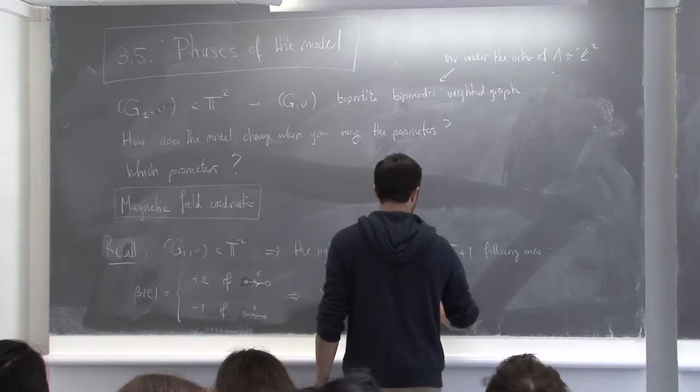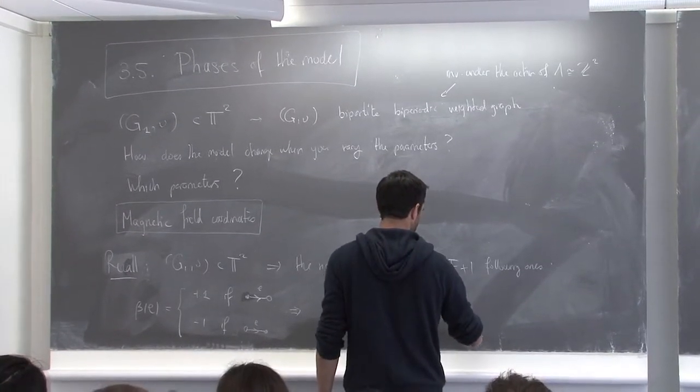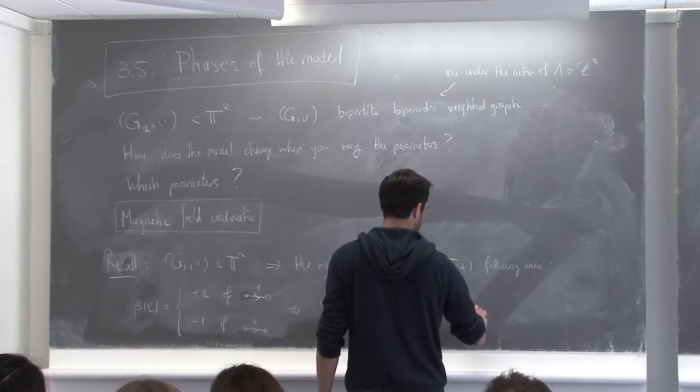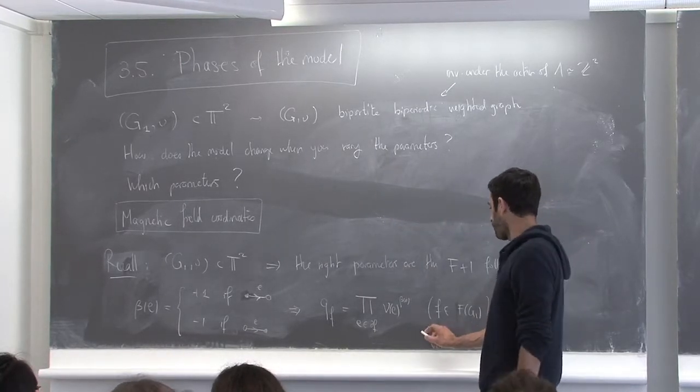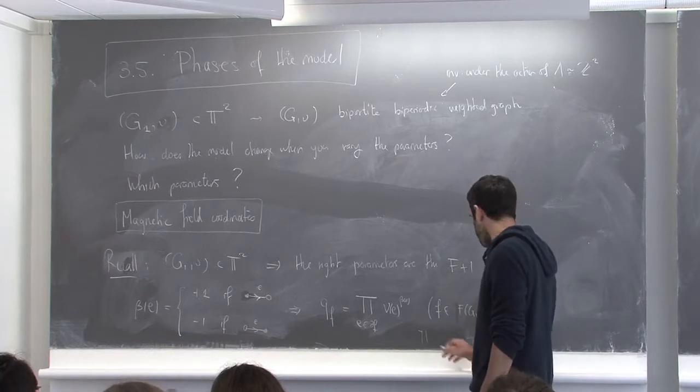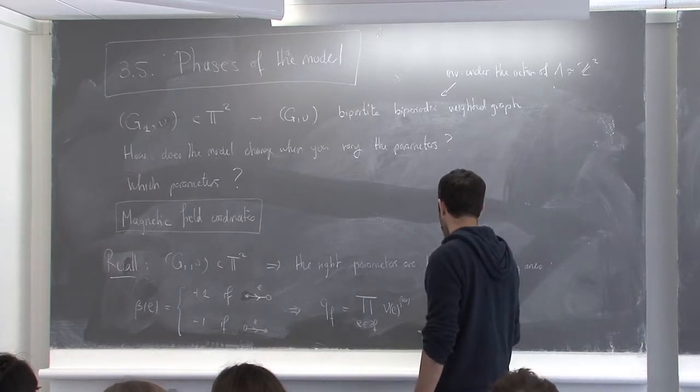And this is for every F in the set of faces of G1. But the product of all of these is 1, so actually you have F minus 1 of them.